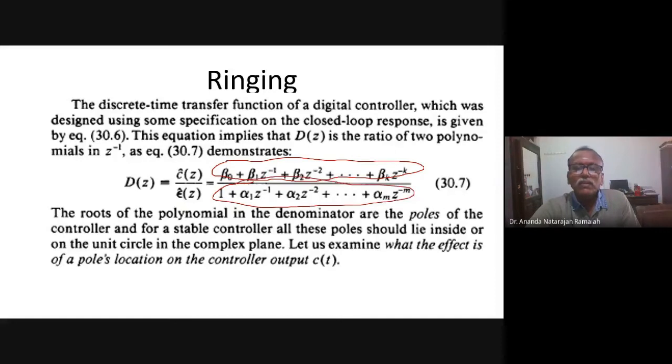The roots of the denominator polynomial are called the poles of the controller. It should be stable.